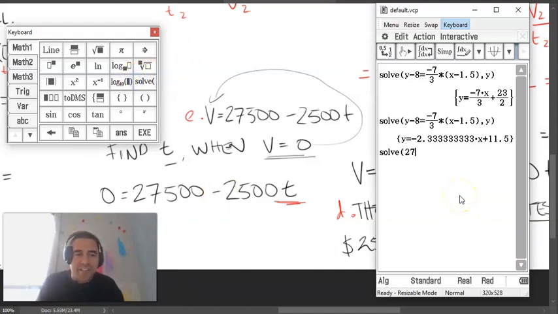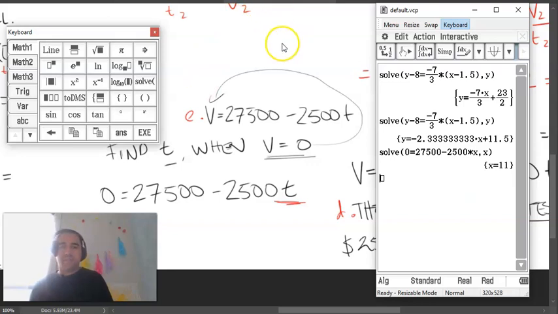I think I accidentally used the trackpad. 2500 times x, it doesn't matter, as long as I answer within the right context, comma. I forgot, 0 is equal to that. Remember the comma and x, so we're just solving for x. So our x is equal to 11.